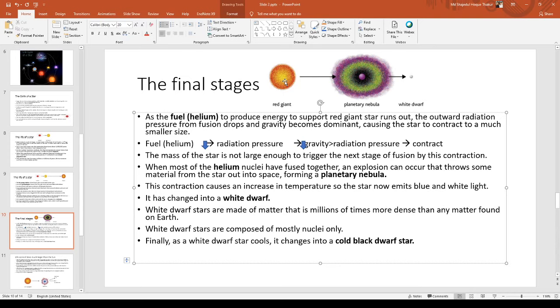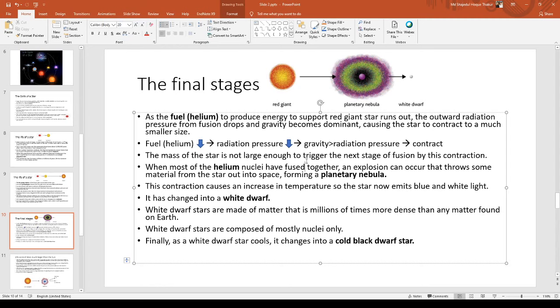It produced a lot of energy by nuclear fusion of hydrogen atoms, hydrogen nuclei, right? And also then in its not so golden days, still in the red giant phase, it burned some helium and produced a lot of energy there too.